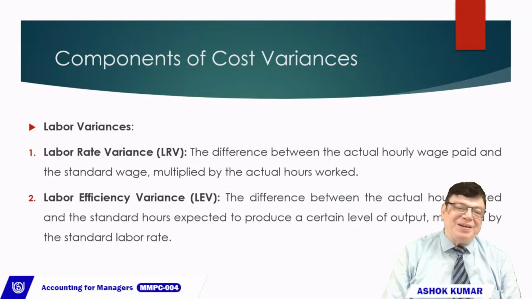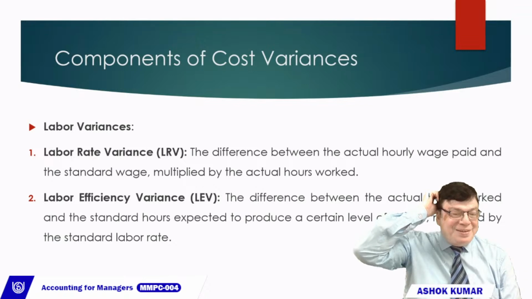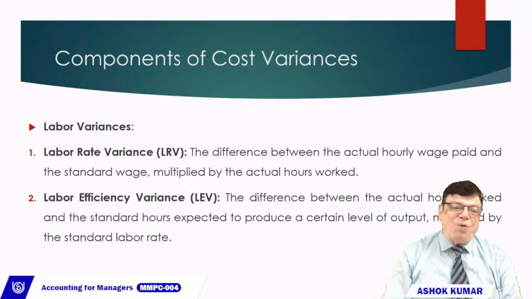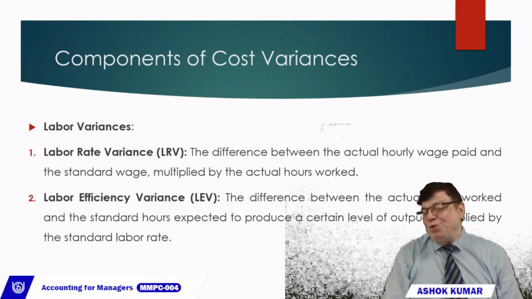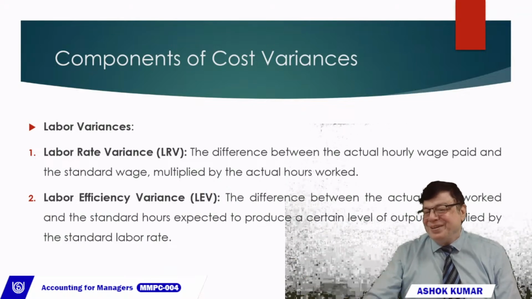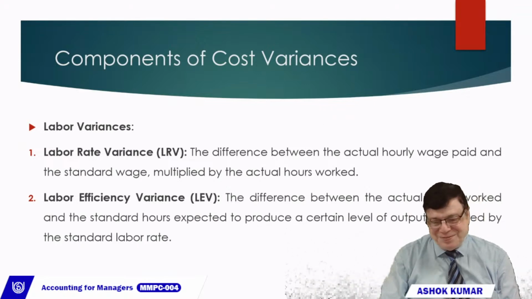Next is labor efficiency variance, we denote it by LEV. It is the difference between the actual hours worked and the standard hours expected to produce a certain level of output, to produce a particular commodity, multiplied by the standard labor rate. This is our labor efficiency variance.